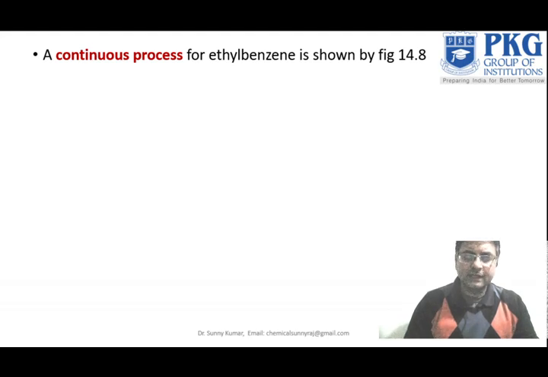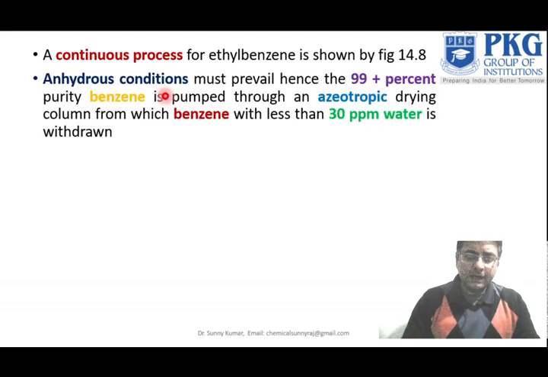You can cite it as Figure 14.8. Anhydrous conditions must prevail, hence 99% purity benzene is pumped through an azeotropic drying column, from which benzene with less than 30 ppm water is withdrawn.